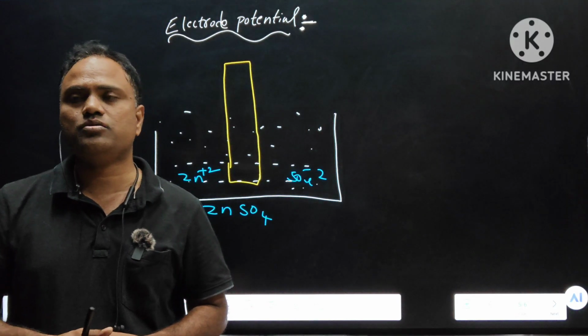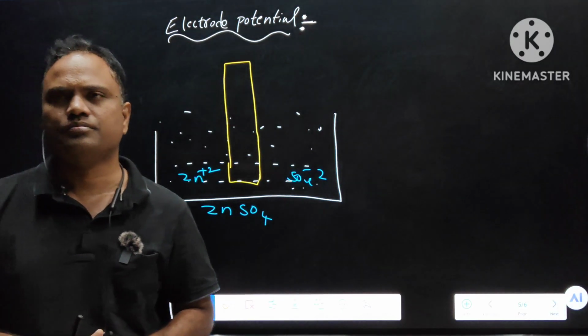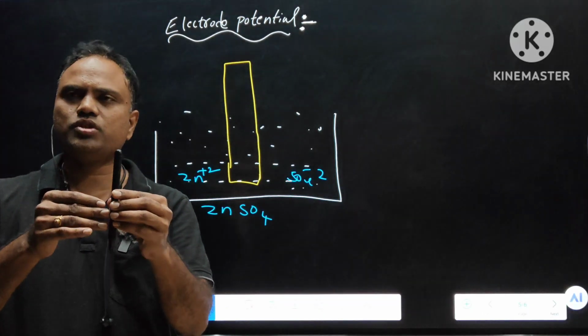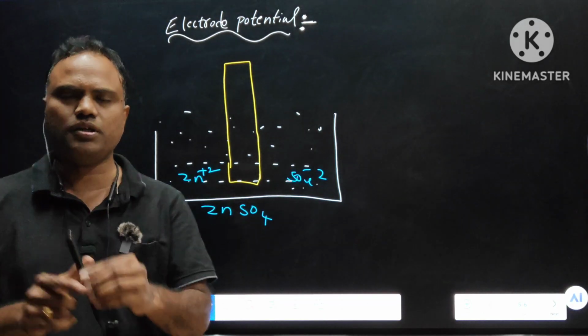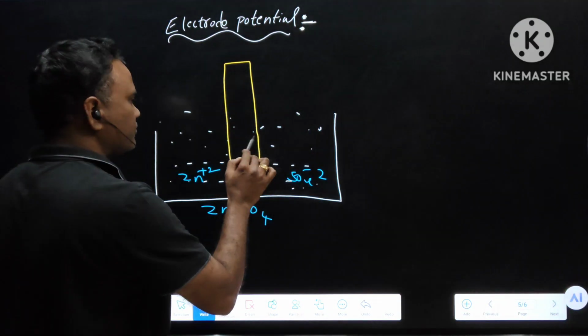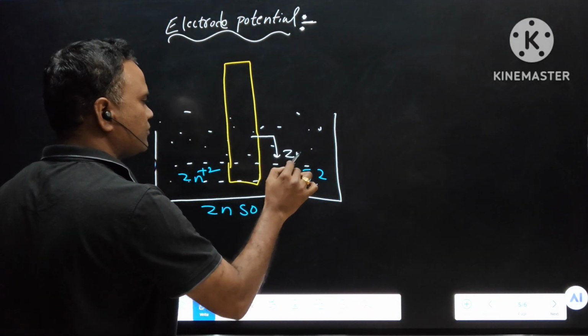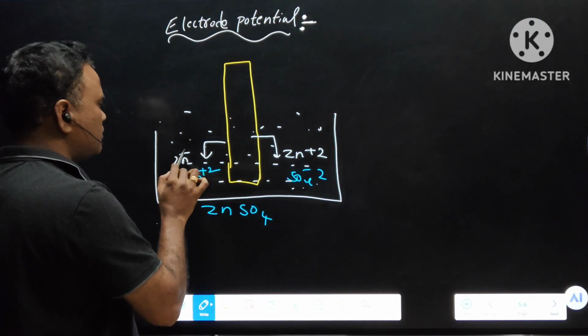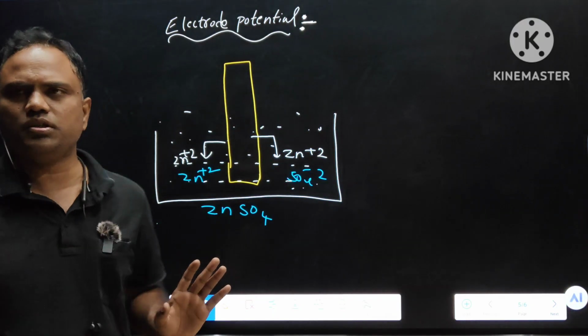Zinc has a tendency to lose electrons easily. Surface zinc atoms are converted into Zn2+ and enter the solution like this. You have to remember it like that only, clear?